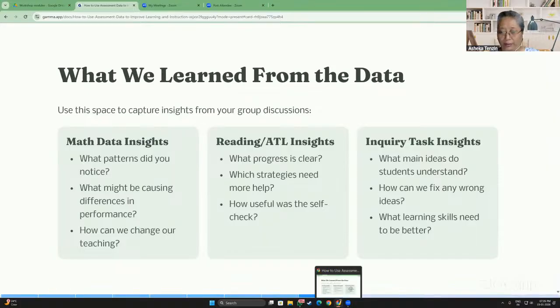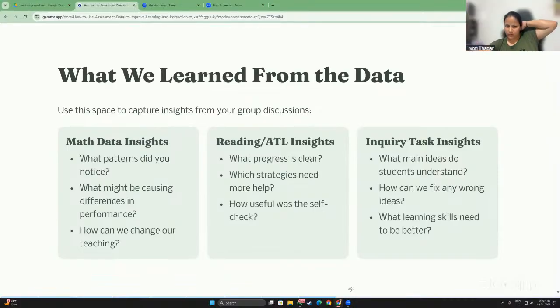I will create 3 rooms. I would like to go with the inquiry task. I would like breakout English. I will let the participants choose. Room 1, I will rename it as math.